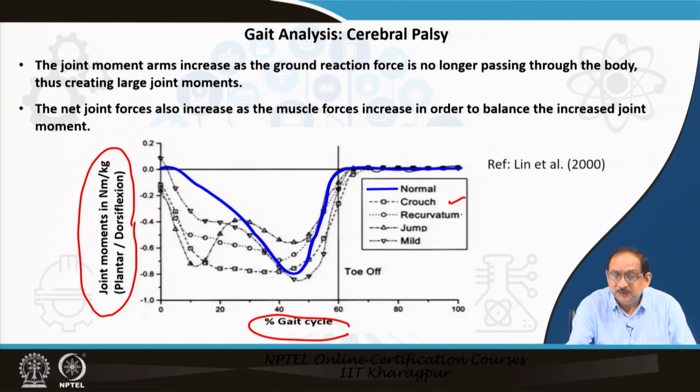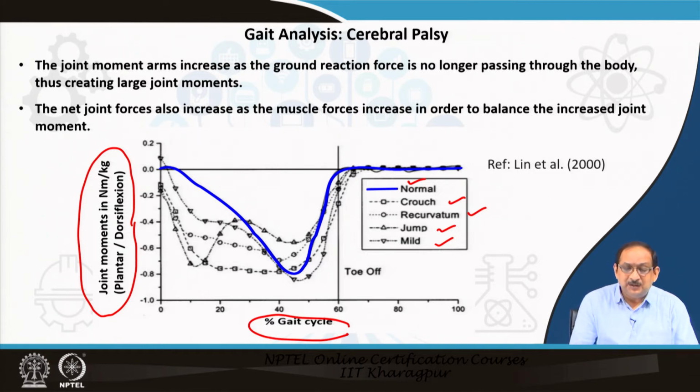The crouch, recurvatum, jump and mild. All four cases considerably deviate from the blue curve of the normal gait pattern.